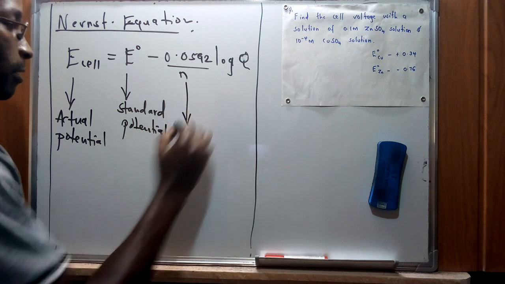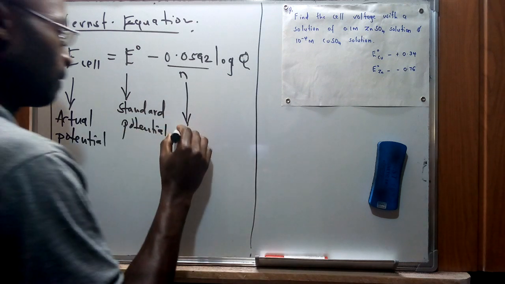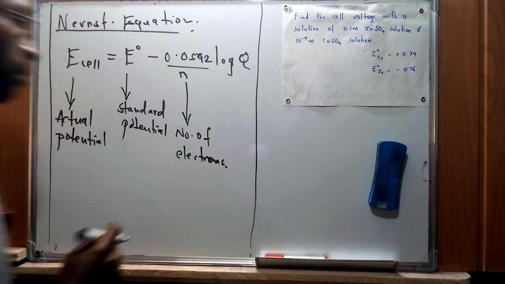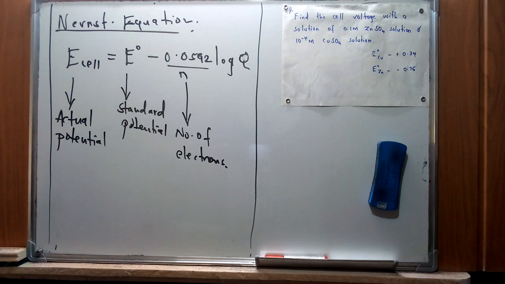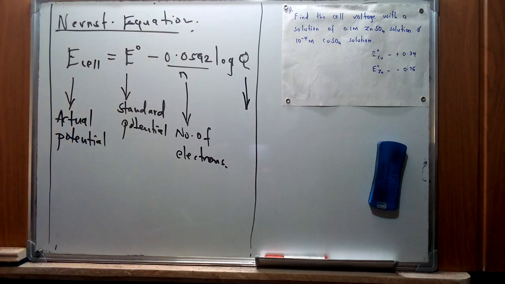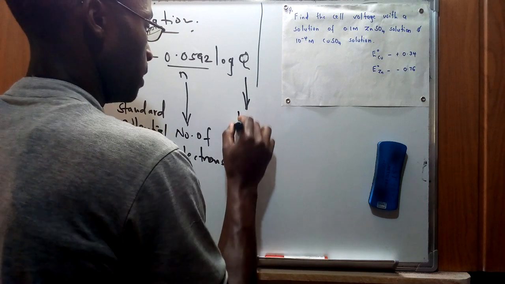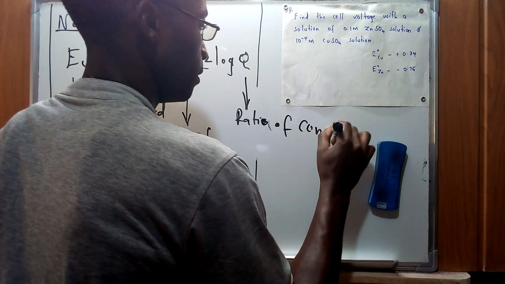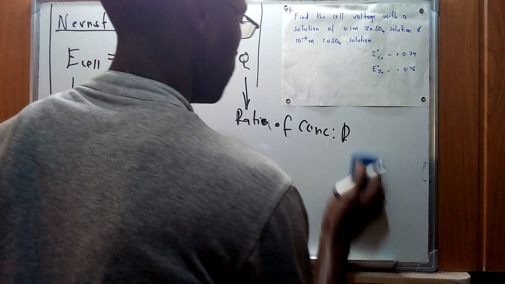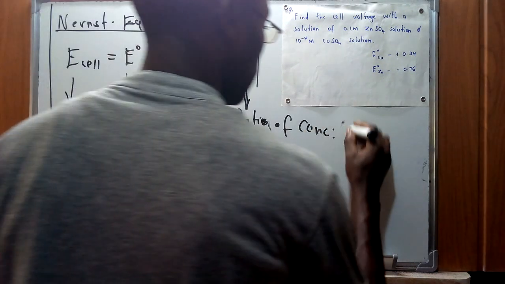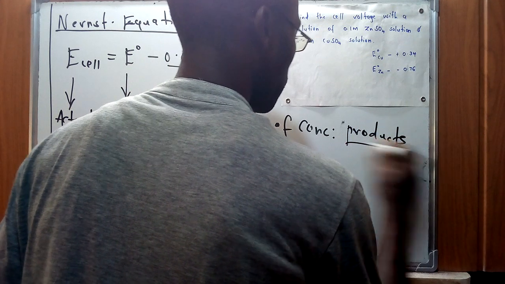N refers to the number of electrons which are taking part in the spontaneous redox reaction, and the last part is Q. This basically refers to the ratio of the concentration of the product to the reactants.